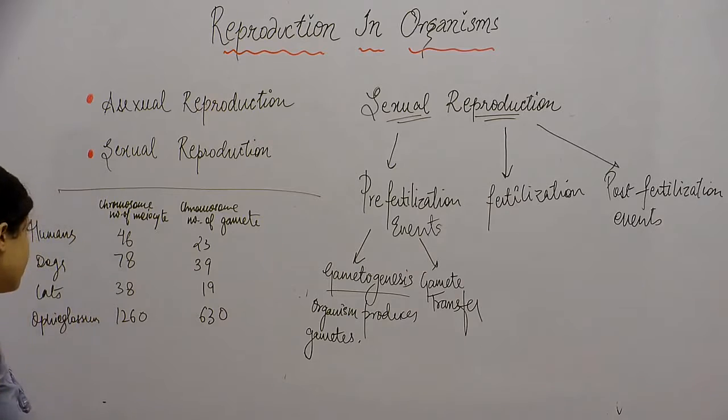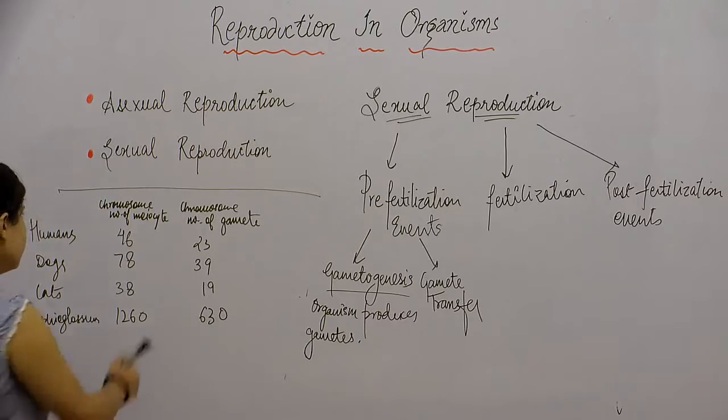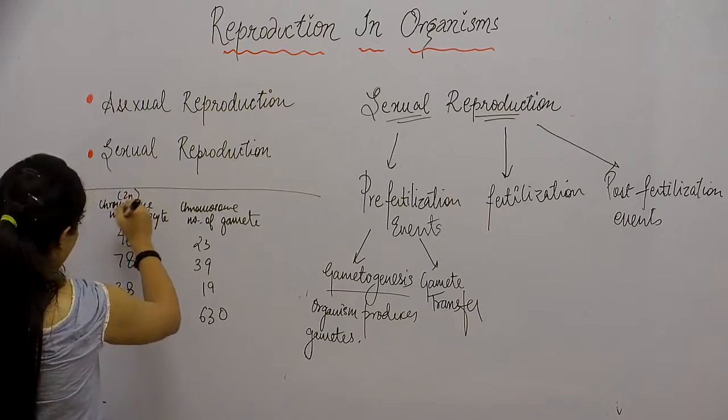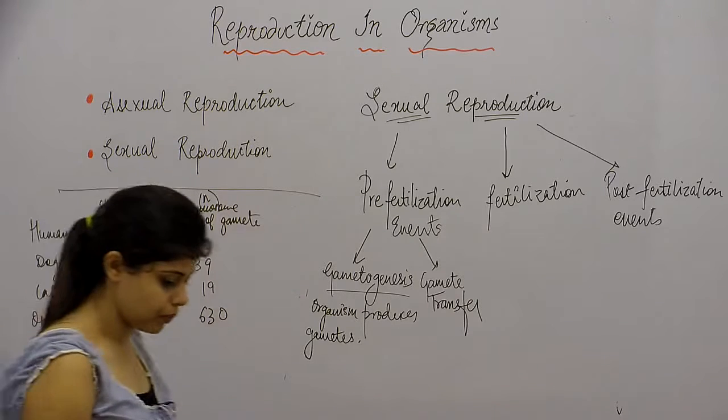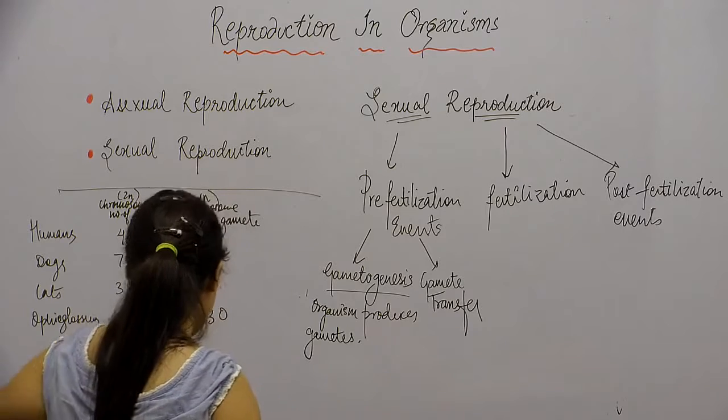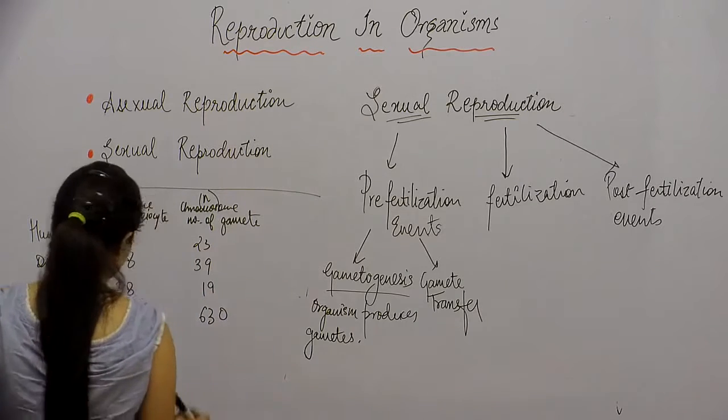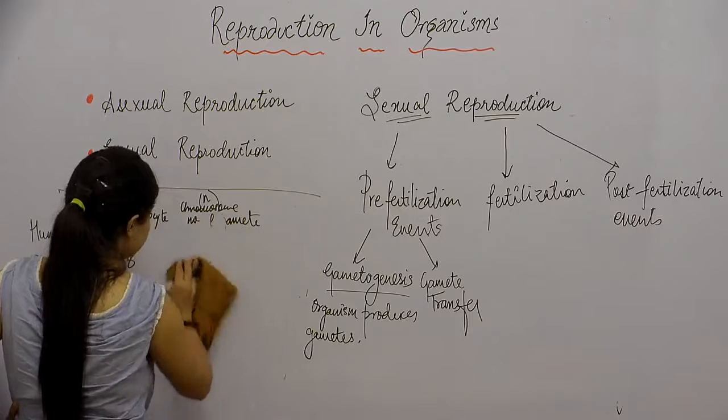So in your NCERT you'll find many examples because there is a similar table and you can write down many examples. There is example butterfly, rice plant, wheat plant, apple, various other organisms. I just wanted to give you an idea how in this case there are 2n and in this case there is just n in the gametes, right? From the diploid mother cell you come to haploid gamete cell.